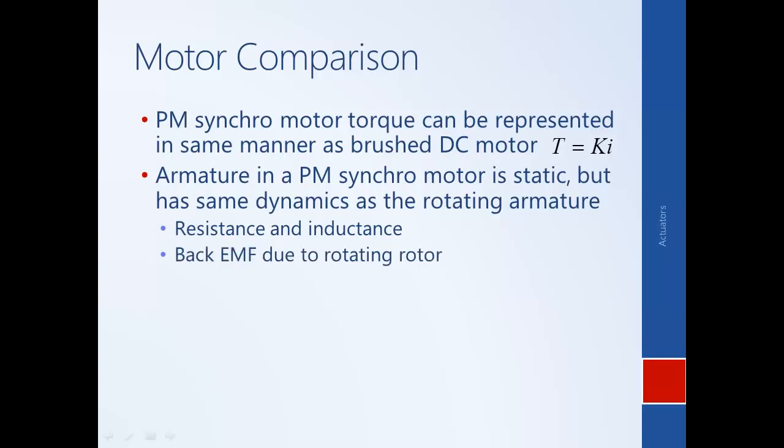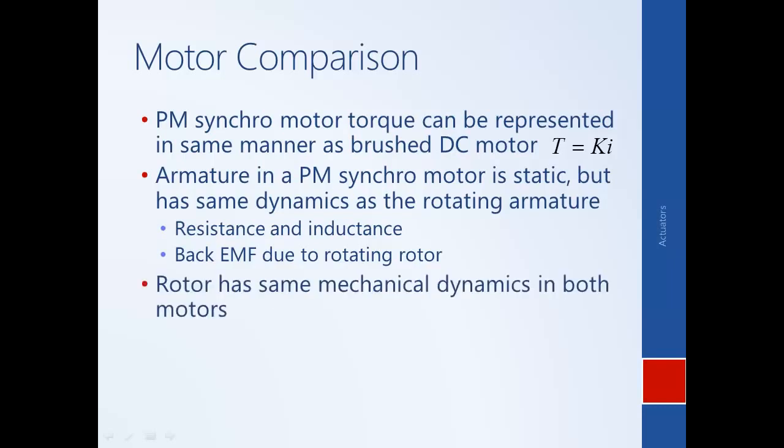In this case, you have a back EMF because you have a conductor in a changing magnetic field due to the rotating rotor, whereas with a regular DC motor, the magnetic field was constant, but the conductor was moving. But in each case, you still generate a back EMF. And the rotor also has the same sort of mechanical dynamics in both motors, because in both cases the rotor has inertia and there's friction.